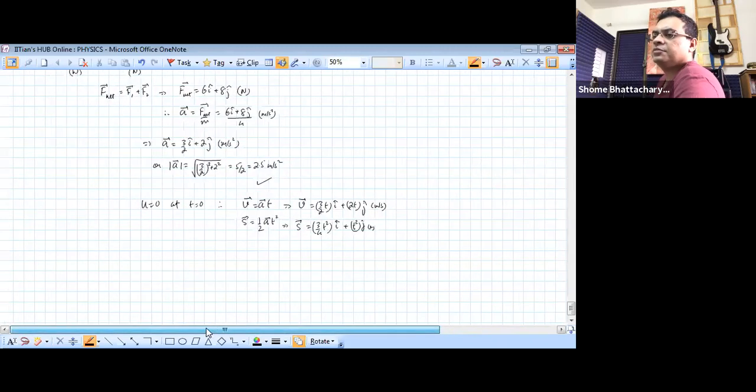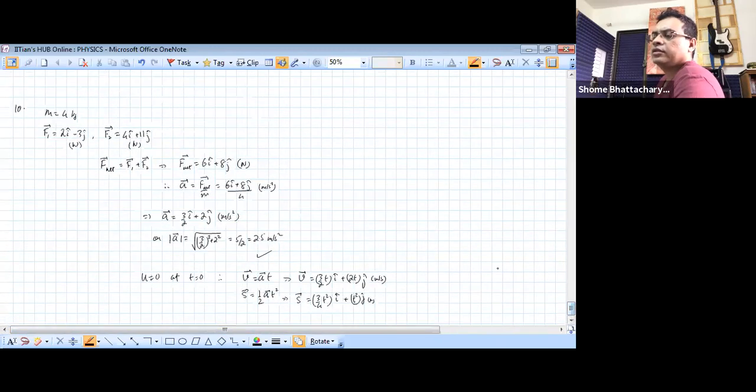The last part is kinematics, because the acceleration is uniform, so I'm just using that relation that V is equal to U plus AT, but U is also 0, and S becomes half AT square. Okay. So that's the 10th question. Hope that is clear.